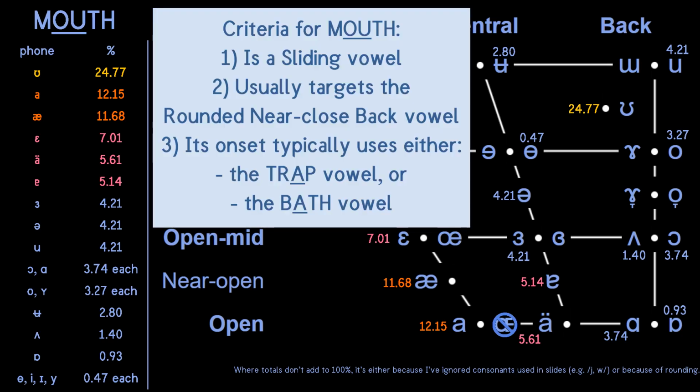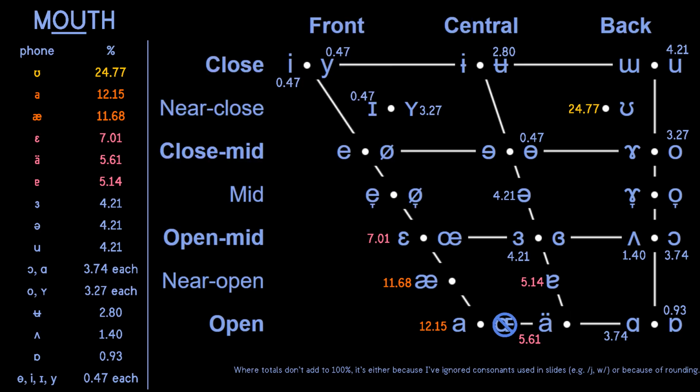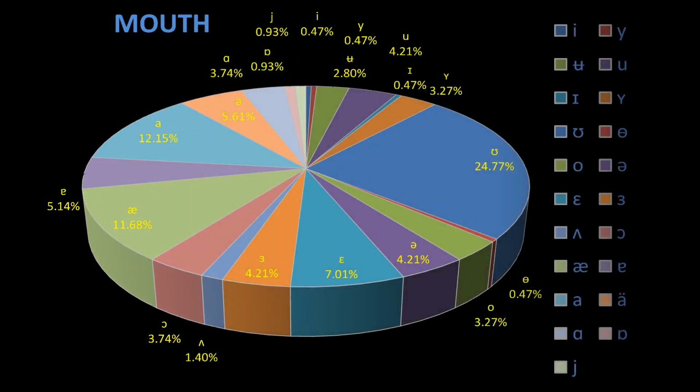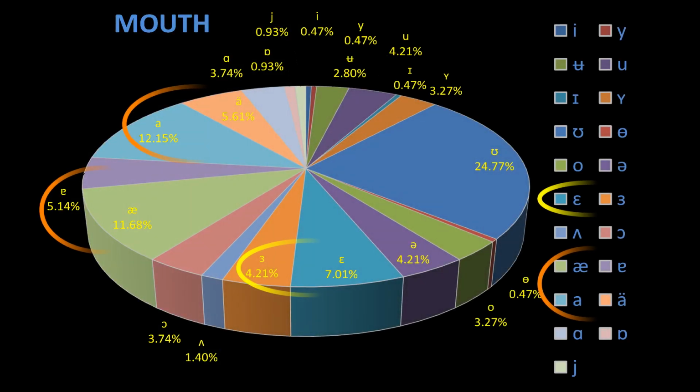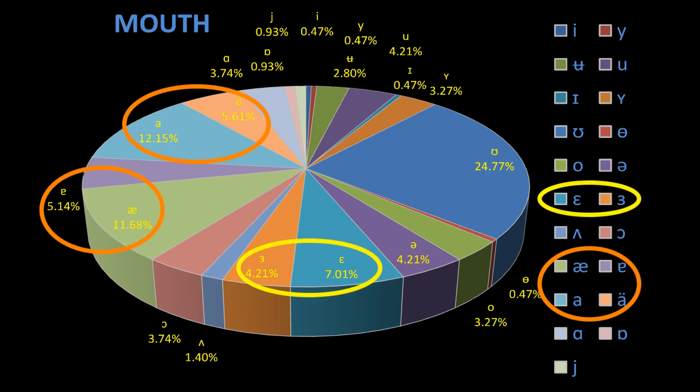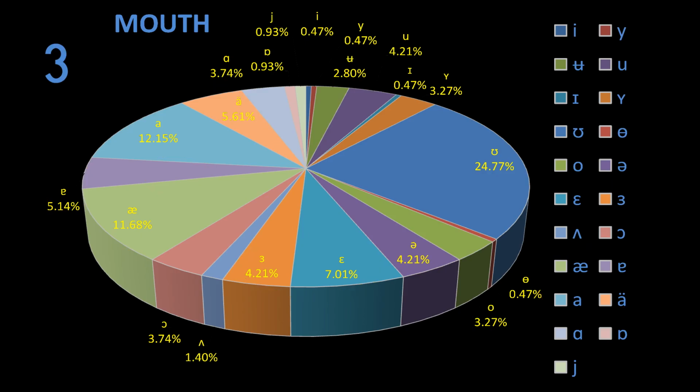Again, there is a lot of misapproximation with, for example, the I-type vowels appearing among those who use triphthongs, but as a general rule, that holds true. Its pie chart initially doesn't look as clear as that of goat until you realize these 6 phones form the front open quadrant.